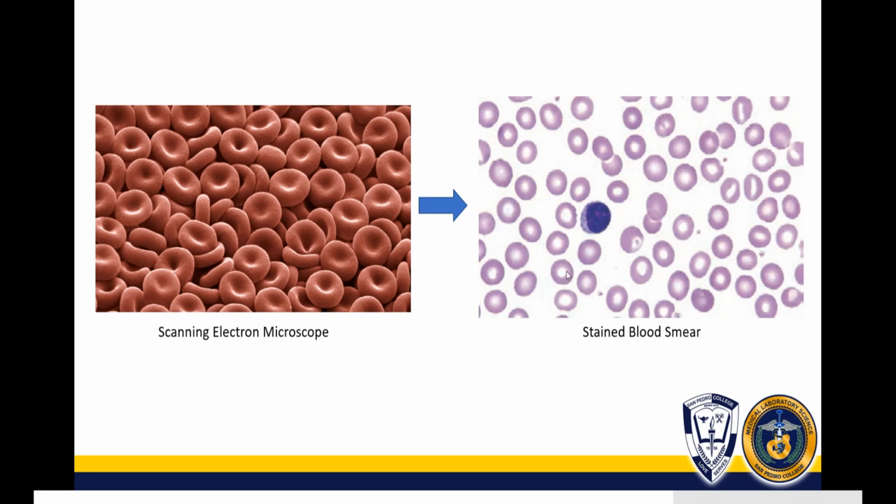Likewise, during unloading, it will also take a lesser time for the RBC to unload oxygen because the hemoglobin is already present at the periphery. So it takes lesser time to load and to unload oxygen when the hemoglobin is concentrated at the periphery. And this is an important characteristic of the RBC because remember, the function of the RBC is to efficiently transport oxygen to the tissues where it is needed.